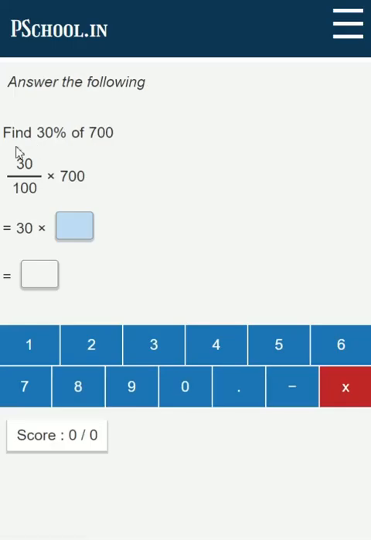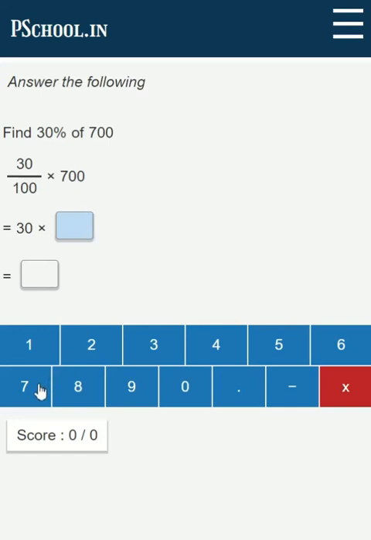This is another popular problem. Find 30% of 700. So in this case, we have to write 30% as 30 by 100 and multiply it by the given number, which is 700. So here 2 zeros cancel out in the numerator and denominator.